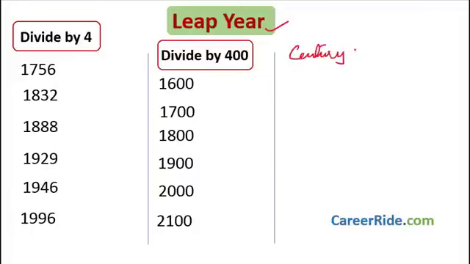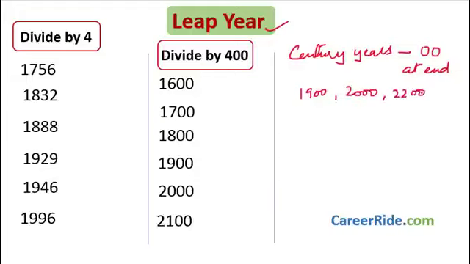Century years are the years that end with 00, right? So these would be years like 1900, 2000, 2200. These kind of years are called century years. And the way to find whether a given year is a leap year or not is different for these general years and century years. Okay.